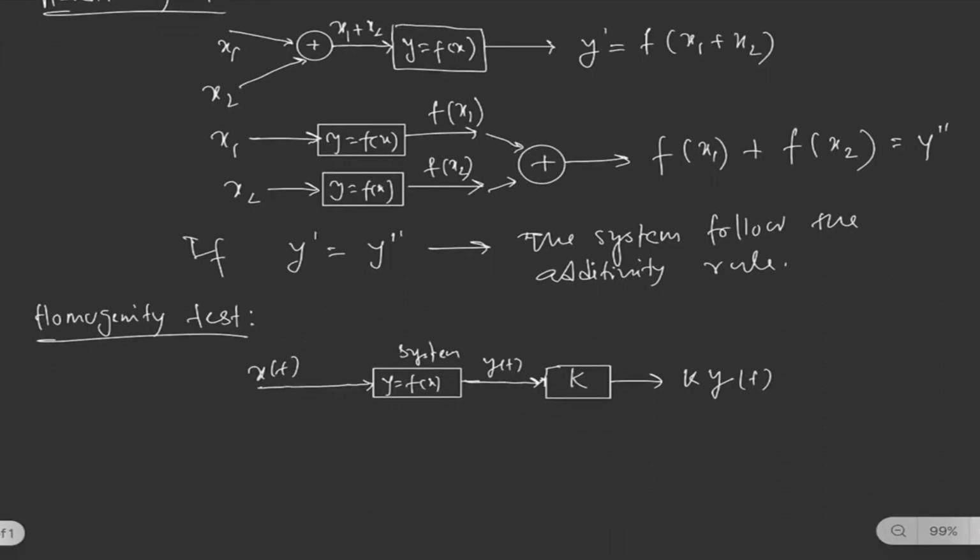If you notice here, we are multiplying the scaling factor k to the output y of t after the system response. Now, instead of this, if we multiply this scaling factor before we apply to the system, suppose this is my k, and the output after multiplication, I can write k x(t).